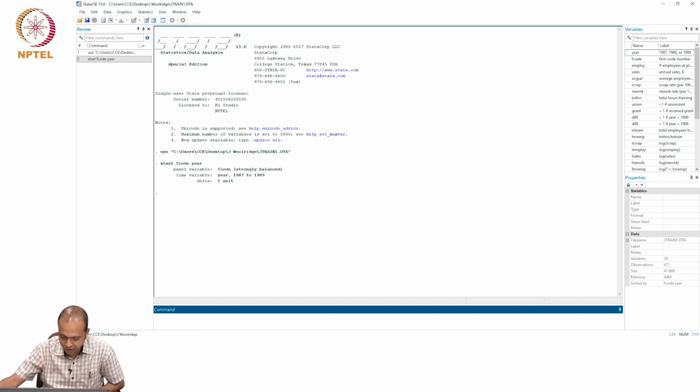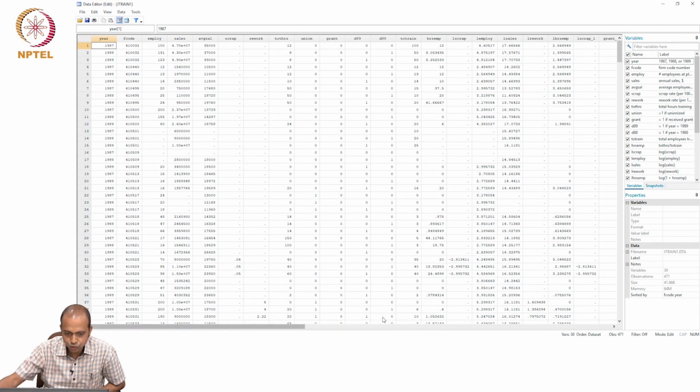So, if you go to the data again, see how the data is coded. This is a specific code they have given, 41000032. That is some farm code. 41000032, 41000032. So, that means in all the years it is the same farm.